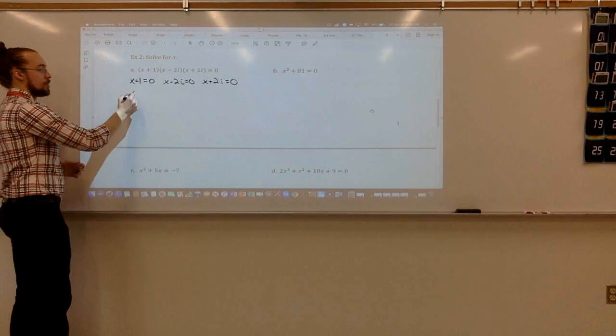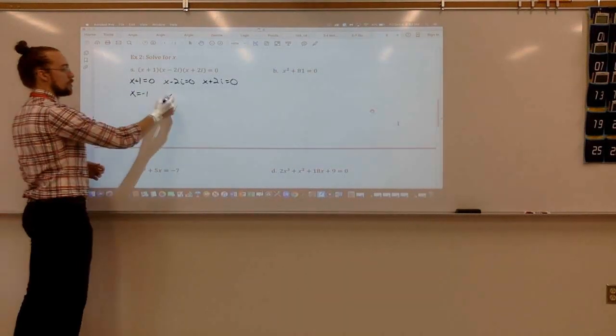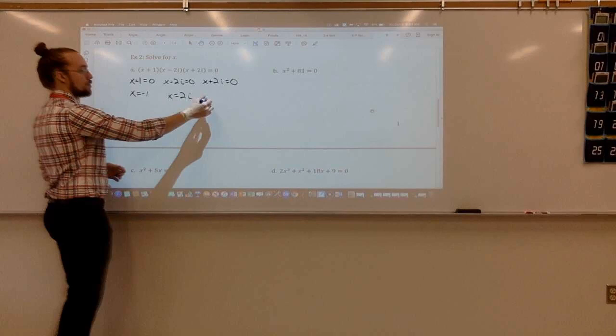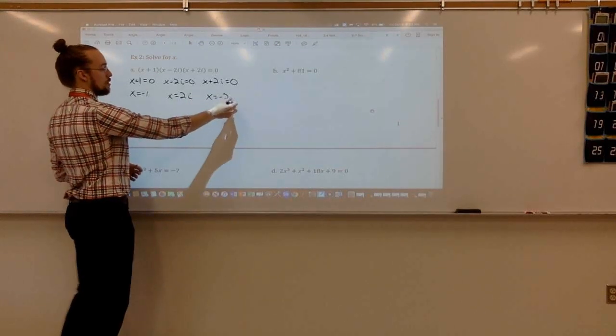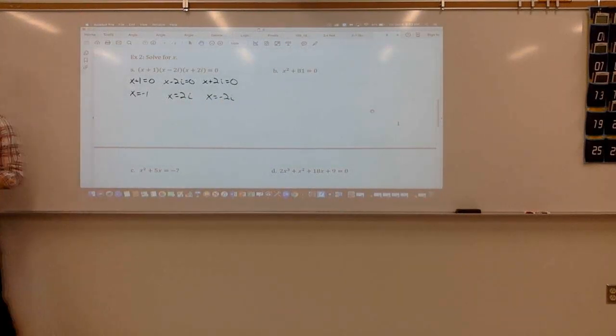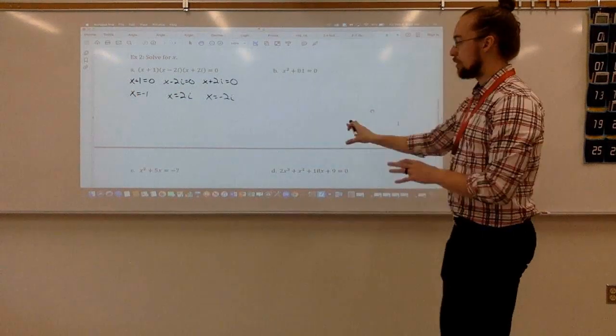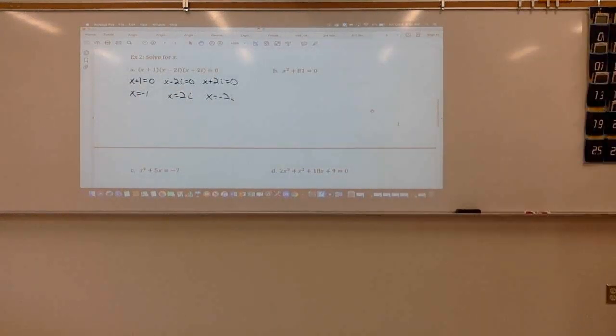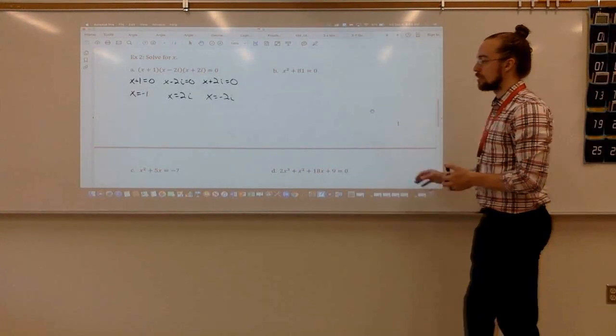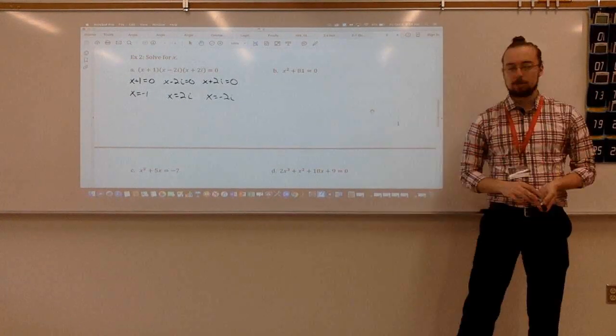When I solve those, I would get negative 1, positive 2i, and negative 2i. Hopefully some of these are a little bit of a review from either Algebra 2 or Pre-Calc. So let's take a minute or two and see if you can solve B, C, and D here.